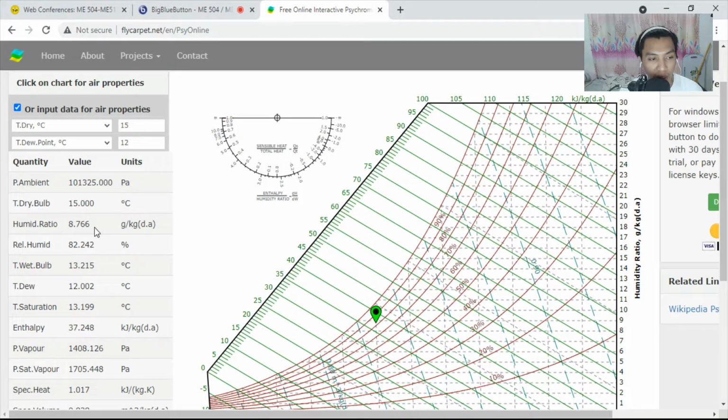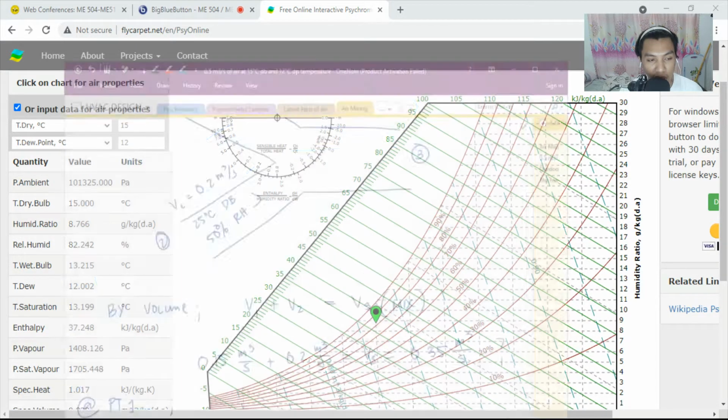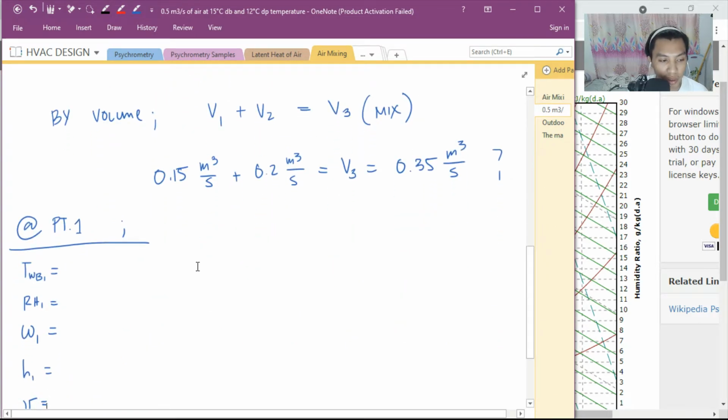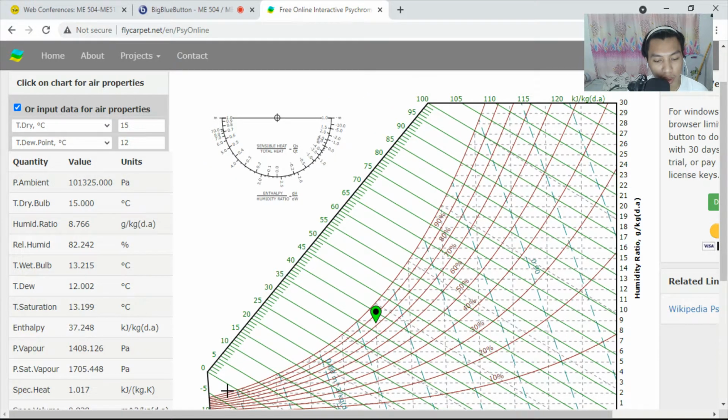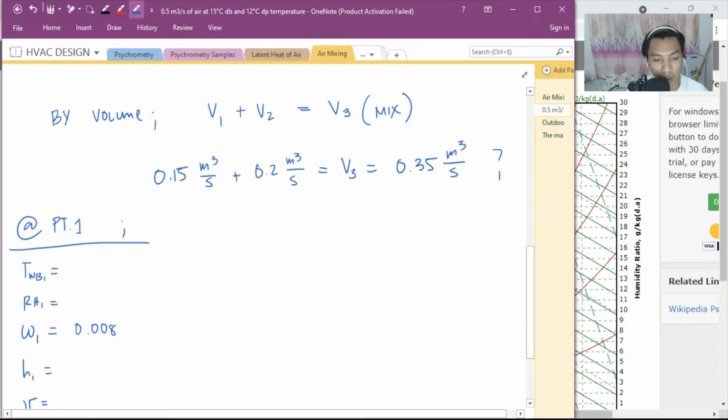Humidity ratio, 0.008766 kilogram vapor per kilogram air.